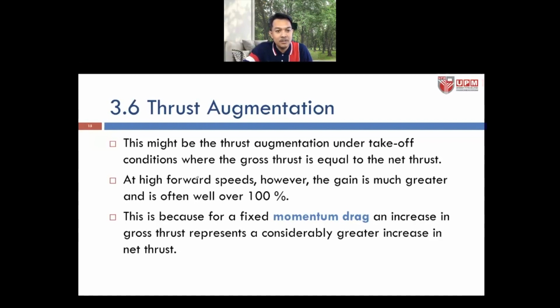At much higher forward speed, however, the gain is much greater and is often well above 100%. This is because for a fixed momentum drag, an increase in gross thrust represents a considerably greater increase in the net thrust.